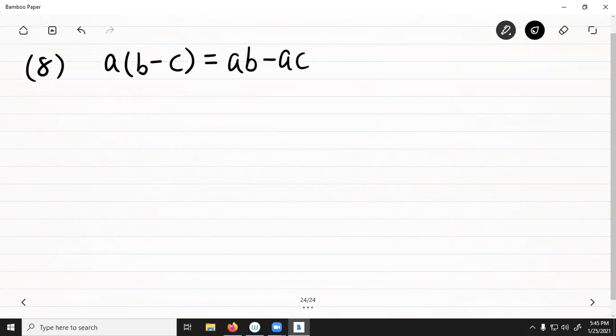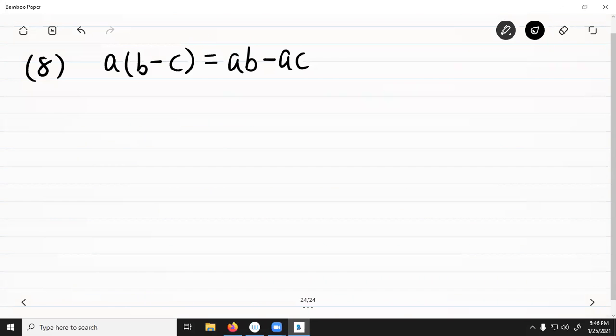So now you need to prove it for the subtraction. The idea is you need to write this B minus C as B plus negative C. Then you can use the distribution law for the addition, right? Then you go back to the subtraction again. So this is the basic idea you will have, okay?